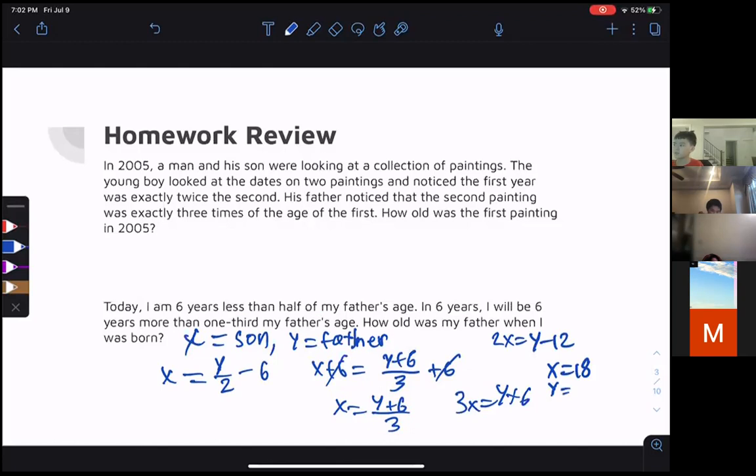No, not 48, 54. Yeah, 54. And then if you subtract 54 by 6, you will get 48. And then you just subtract y by x. Yeah, that's right. The father is 30 years old when you were born.